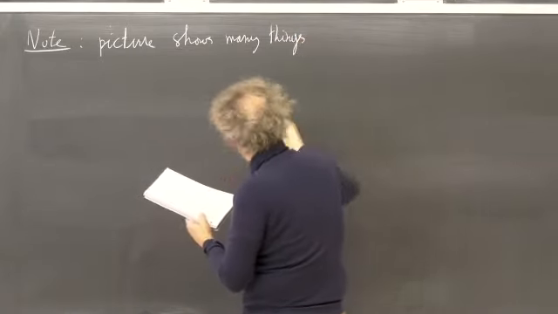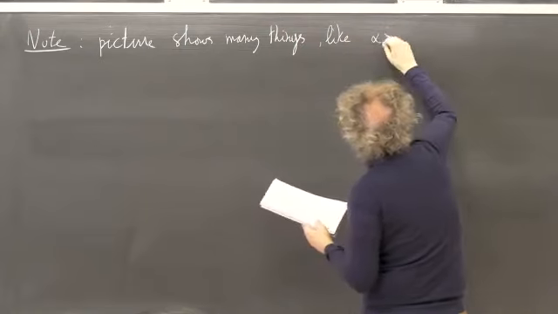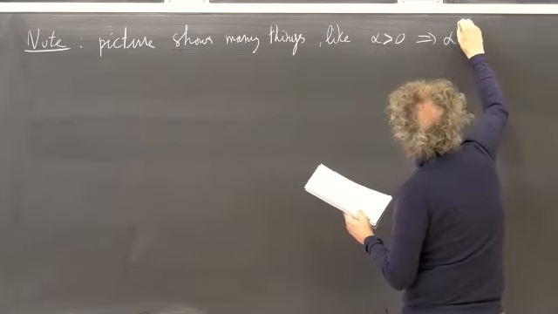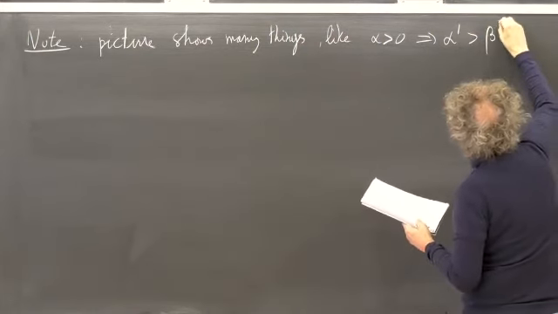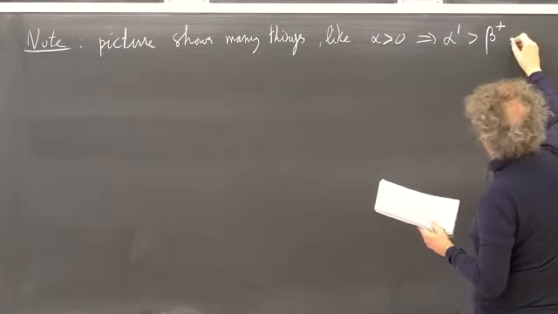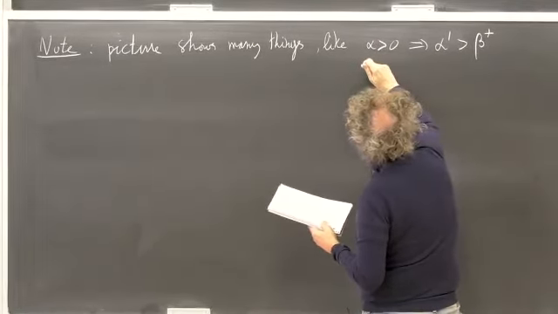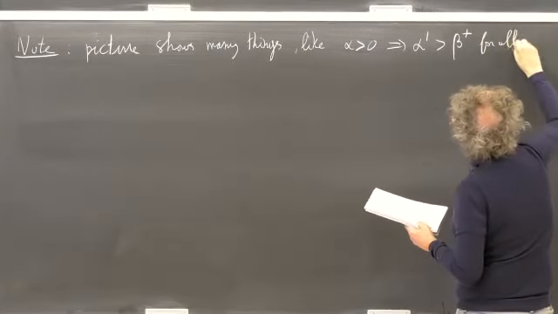For example, if you have a positive element in your value group, then its derivative is bigger than all the logarithmic derivatives of positive elements. Yeah, alpha, right, for all beta, for all.